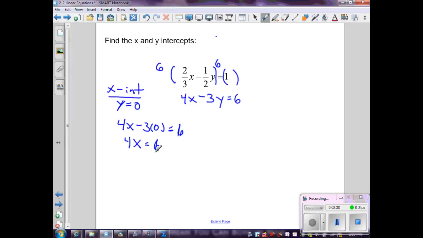Dividing by 4, that gives me x equal to, divide both by 2, gives me 3 over 2. So my ordered pair is 3 over 2, 0.